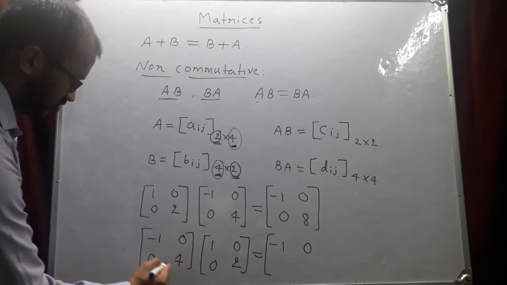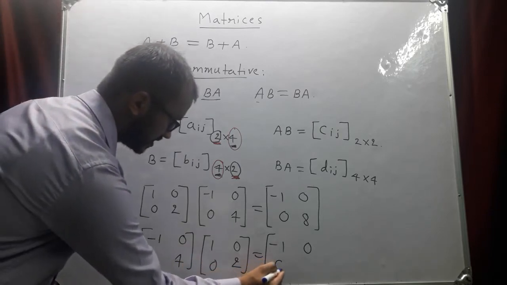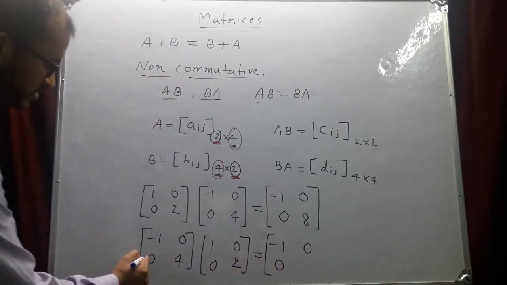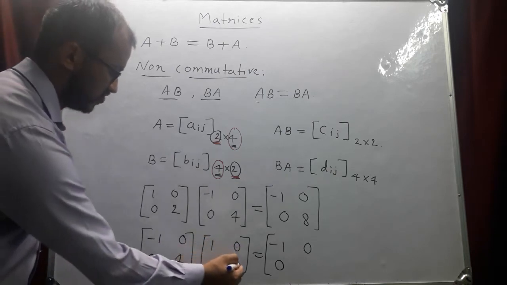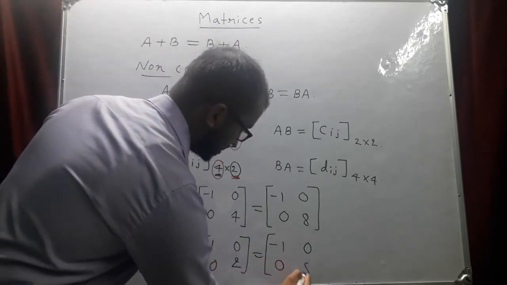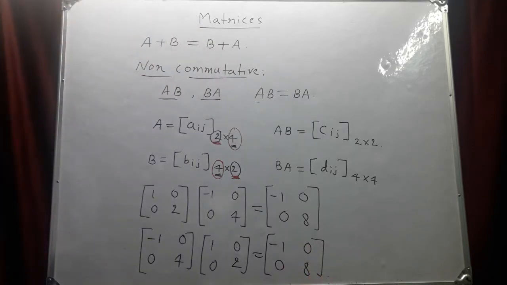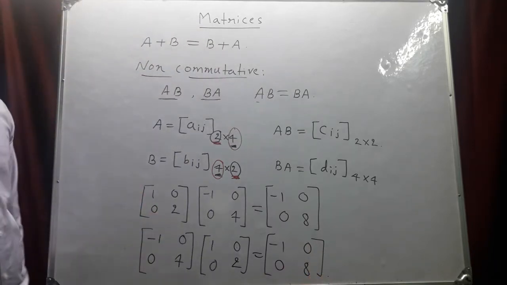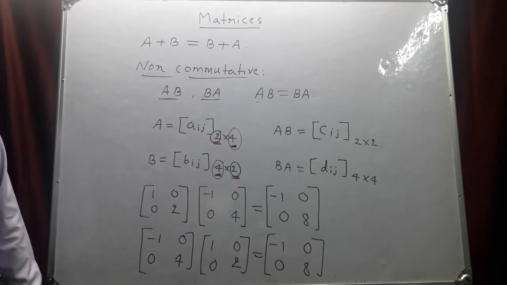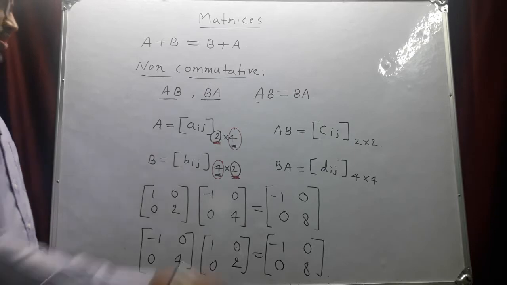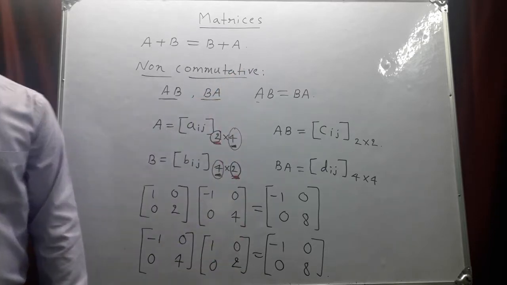Second row, first column, 0 into 1 plus 4 into 0, that is 0. Second row, second column, 0 into 0 plus 4 into 2, that is 8. So we can see that in the case of diagonal matrices, the matrix multiplication is commutative. In other cases, usually it need not be commutative.